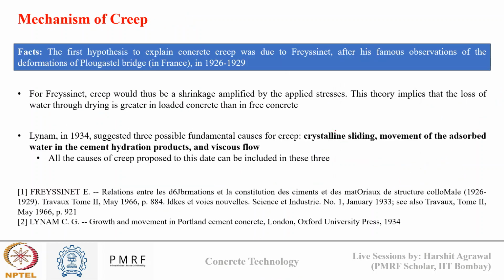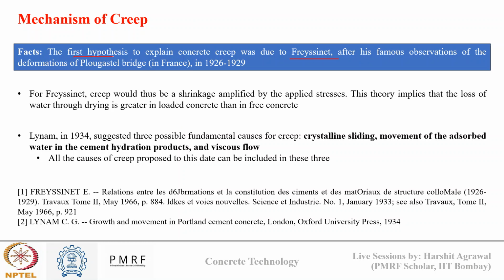Now, we have seen what creep is and how creep causes deformation in concrete. But it is important for us to understand why creep occurs in concrete. There are two hypotheses that have been proposed to understand creep. The first hypothesis was given by a scientist named Freyssinet.